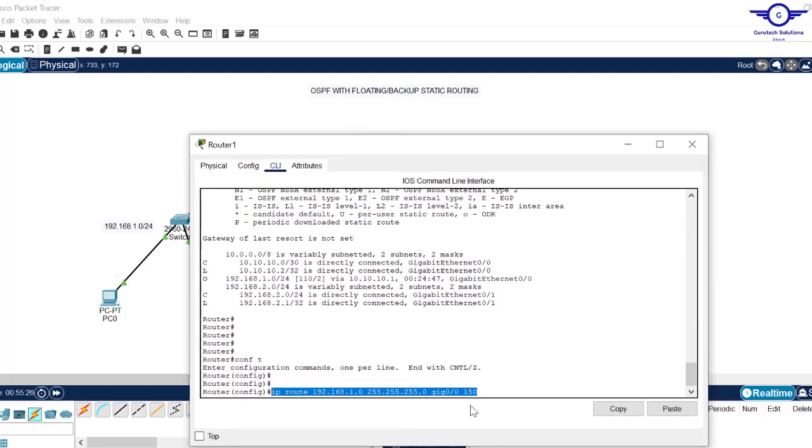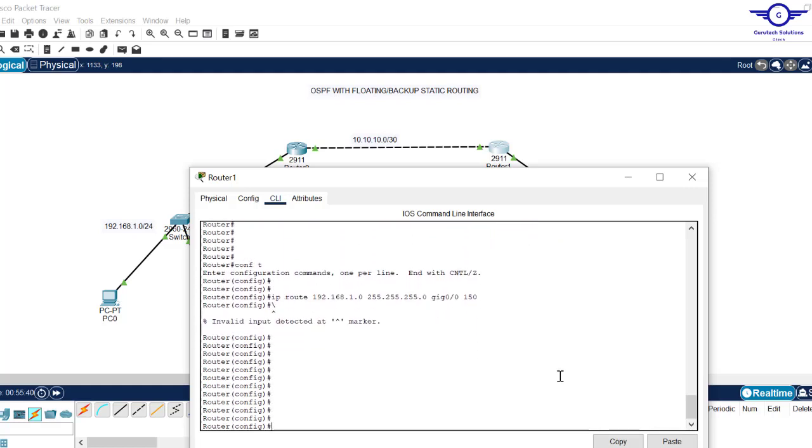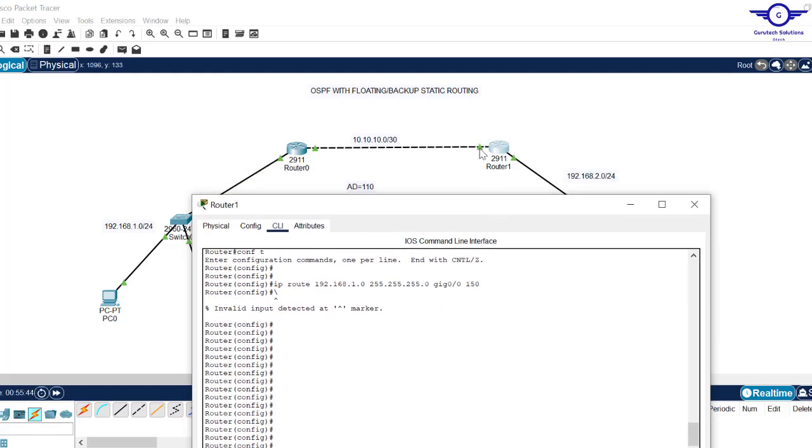On router 1, I just used the outgoing interface. The outgoing interface of router 1 is Gig 0/0, which is this one.